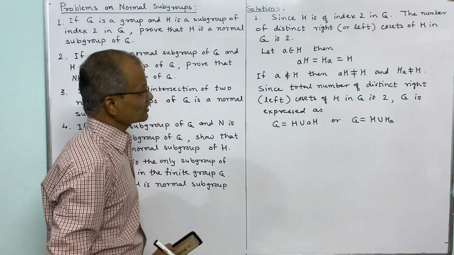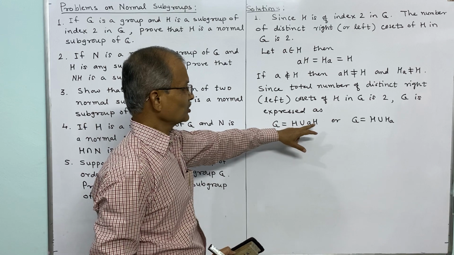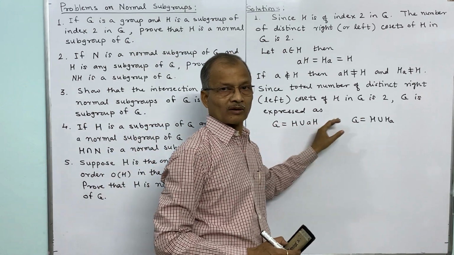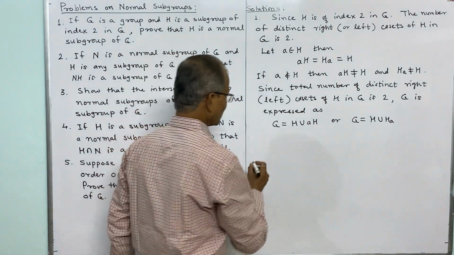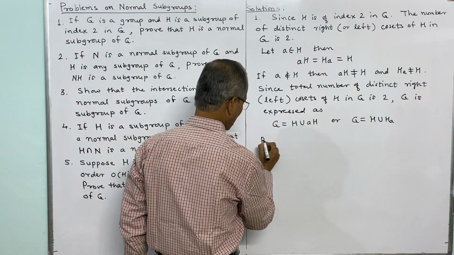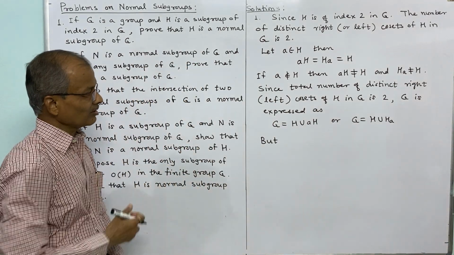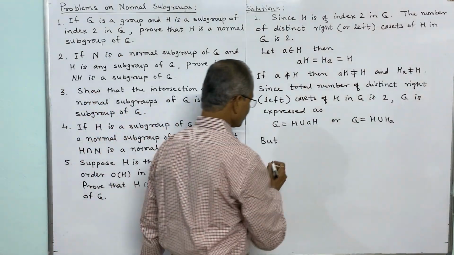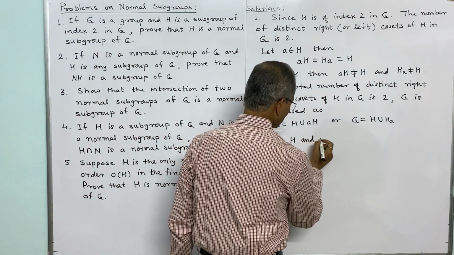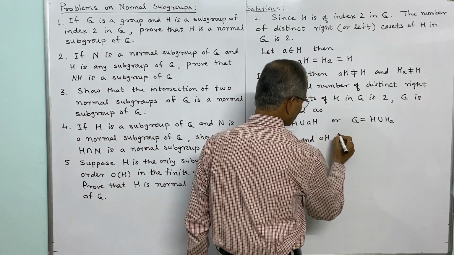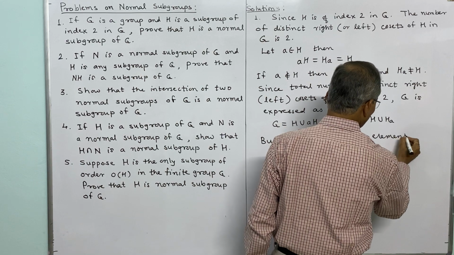And since a is not in H, so we have aH and Ha here. G is expressed in terms of these two. But H has no element common with aH. No element in common.